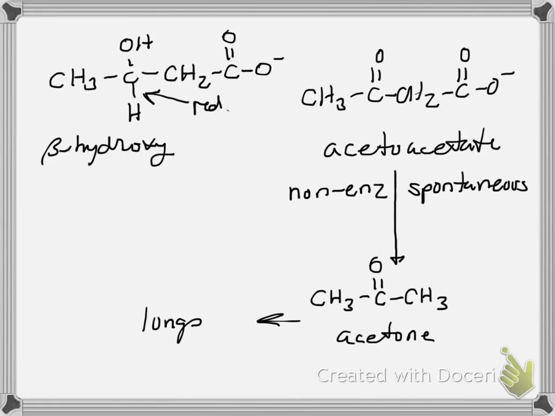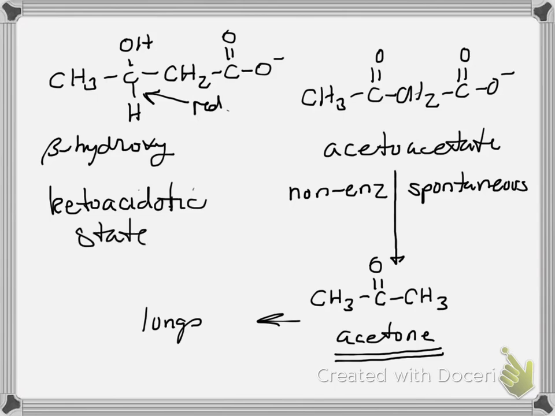And so this is the reason why, especially in alcoholics that are in a fasting state, because alcoholics tend not to have very good nutrition, so they're not eating well, but they are drinking large amounts of alcohol, they produce these ketone bodies. And these ketone bodies in their bloodstream are acids because, remember, these groups have carboxylic acid groups.